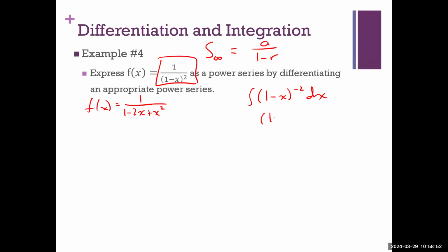It's x to the -1, right, over -1. And then we've kind of got to obey the chain rule as well, right? So I'm going to divide by the derivative of the inside function. So I think the integral of 1 minus x to the -2 is what? Conveniently 1 over 1 minus x, right?